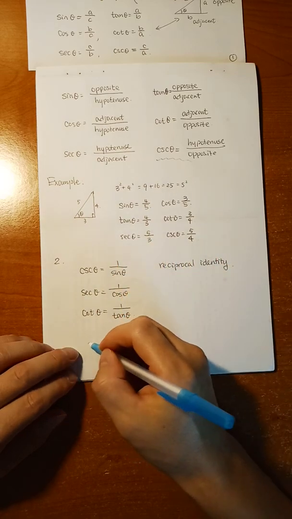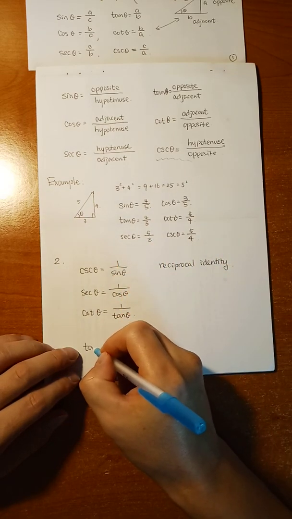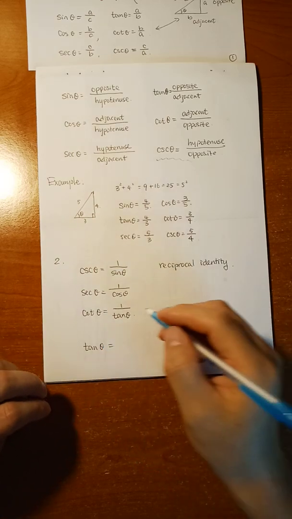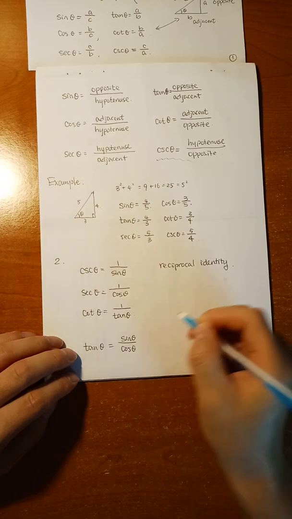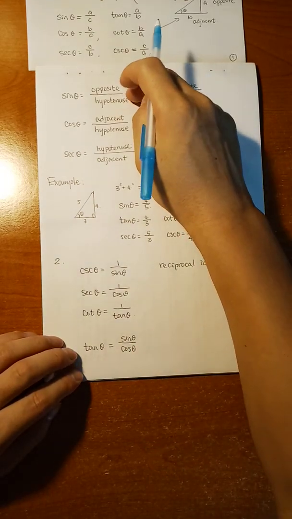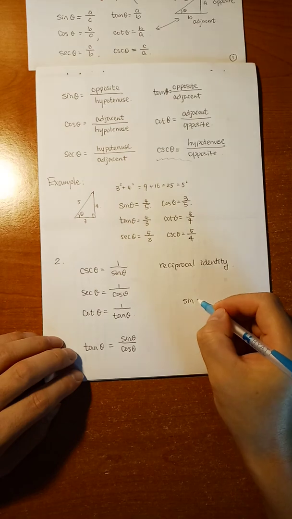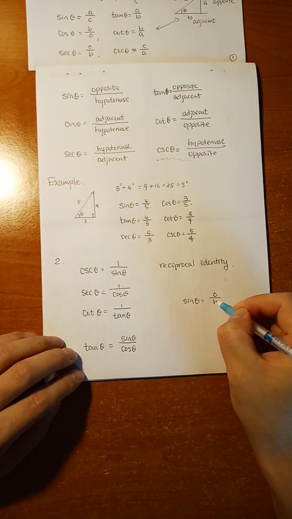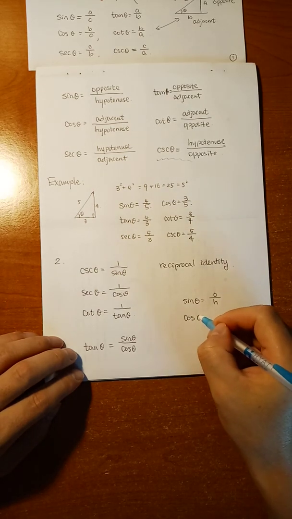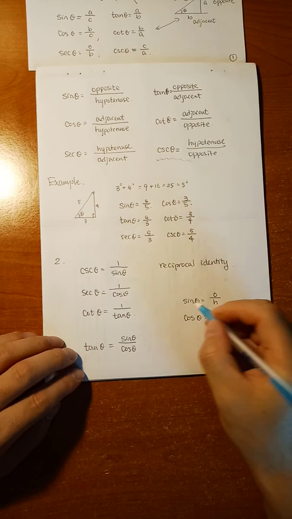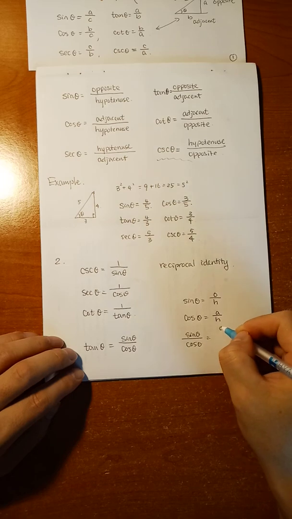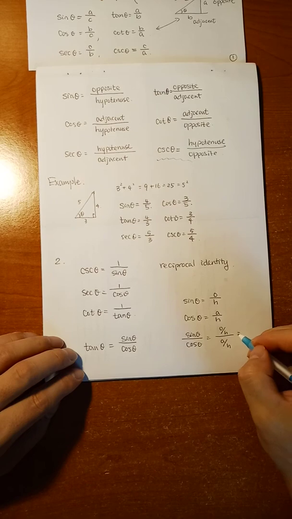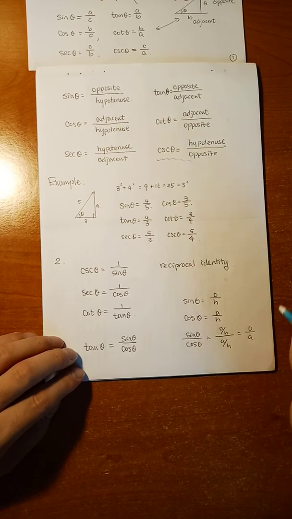Another identity is the quotient identity. You check that tangent theta is equal to sine theta over cosine theta. Why? You see here, sine theta is opposite over hypotenuse, cosine theta is adjacent over hypotenuse. So sine over cosine is O over H, A over H. You multiply H on top and bottom. It's opposite over adjacent.